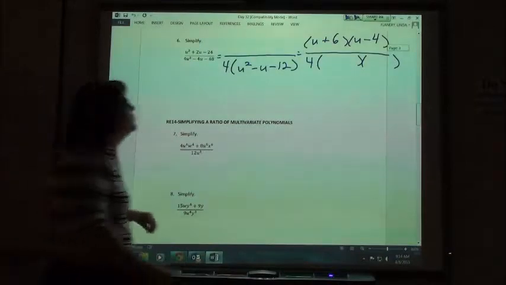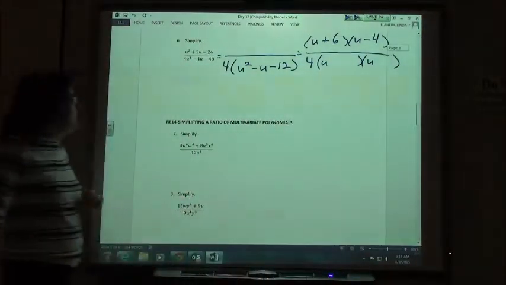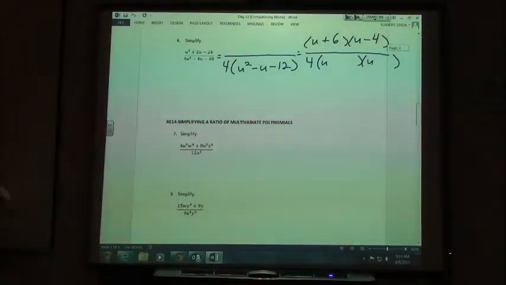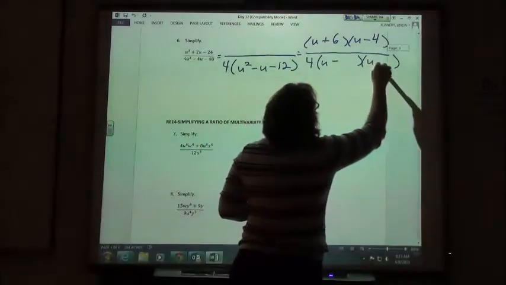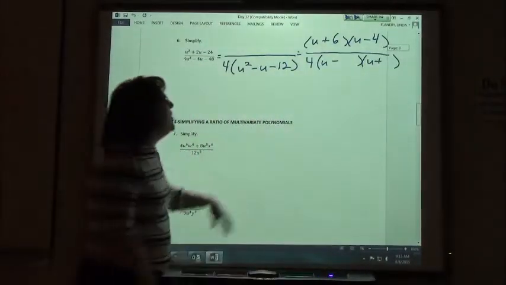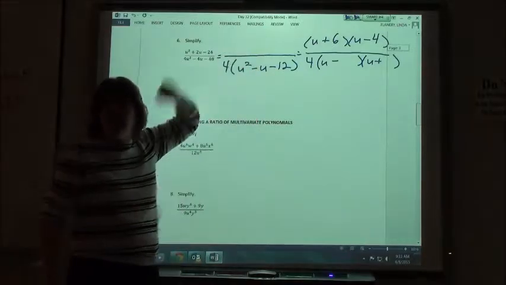So again, factors of U squared, U and U. My signs, a negative and a positive. Since the end is negative, I've got one of each. And I want the factors of 12 that when I plug it in, I get a minus 1 U in the middle, right?